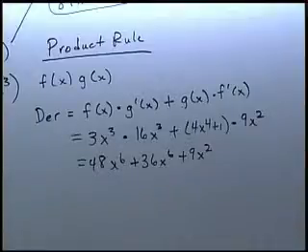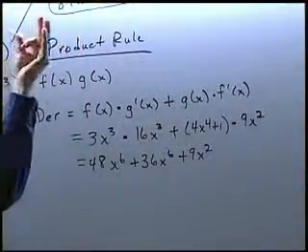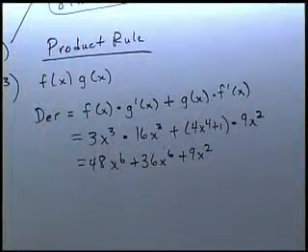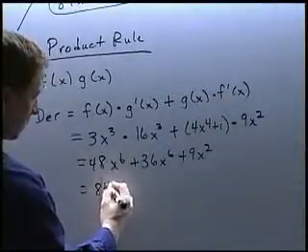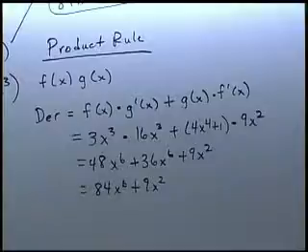Okay, I've got a couple of x to the sixth terms. If I was to add these two together, does that give me 84x to the sixth? And the answer is yes. Okay, so we did match up. 9x squared. Okay, and so we verified, yes, this product rule does work.